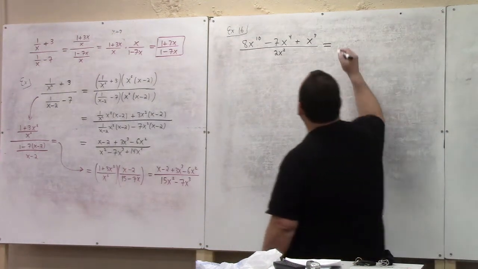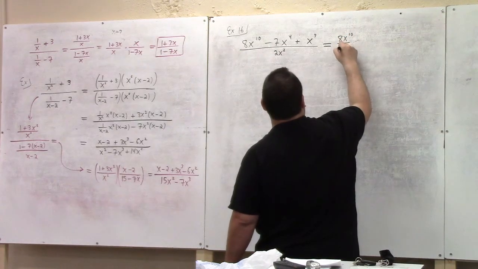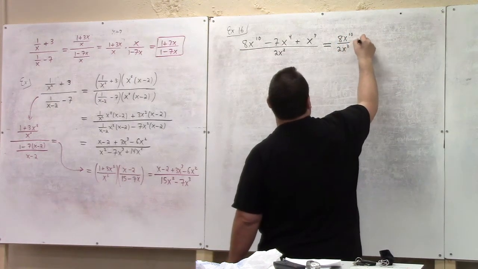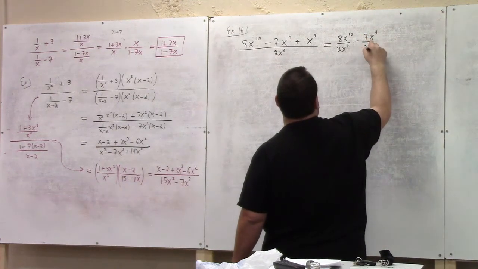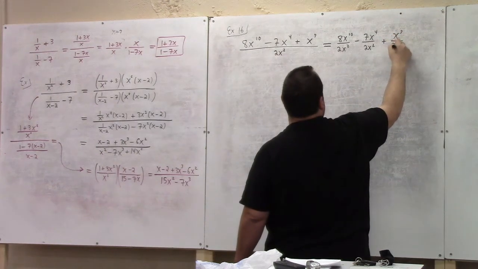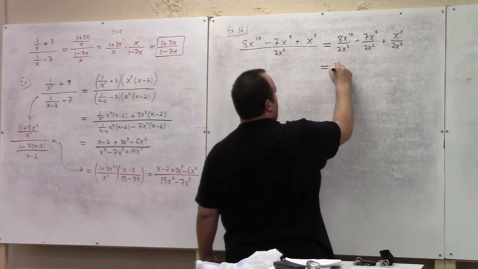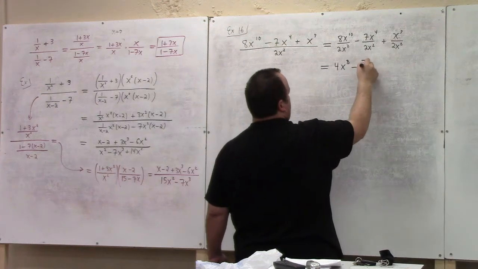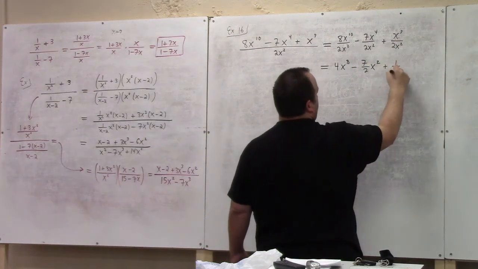This gives me 8x to the 10th over 2x squared minus 7x to the 4th over 2x squared plus x cubed over 2x squared. And so the answer: 4x to the 8th minus 7 halves x squared plus 1 half x.